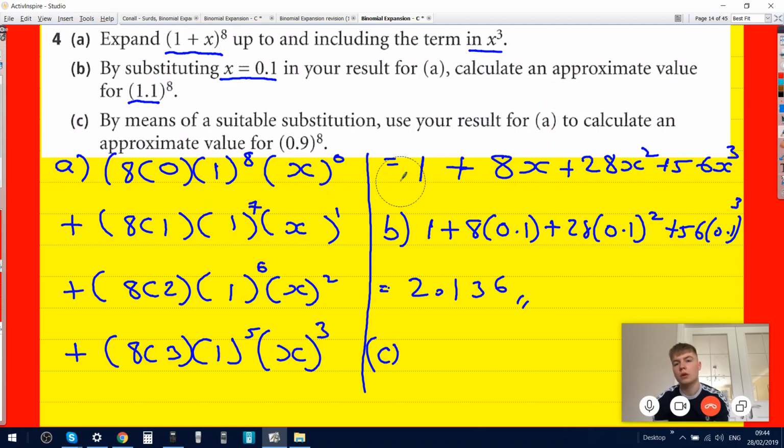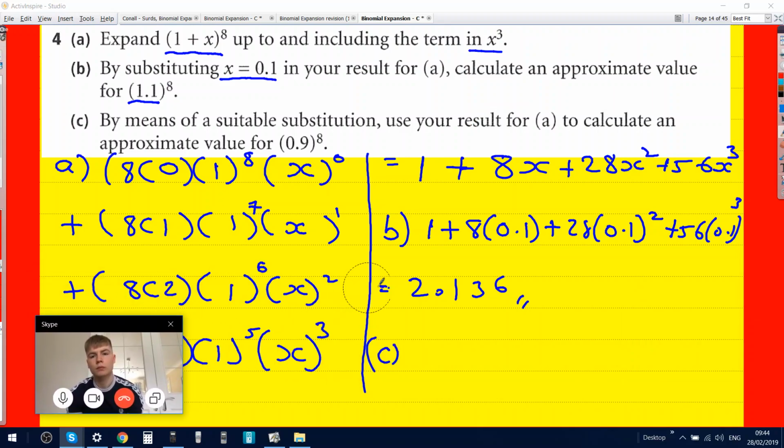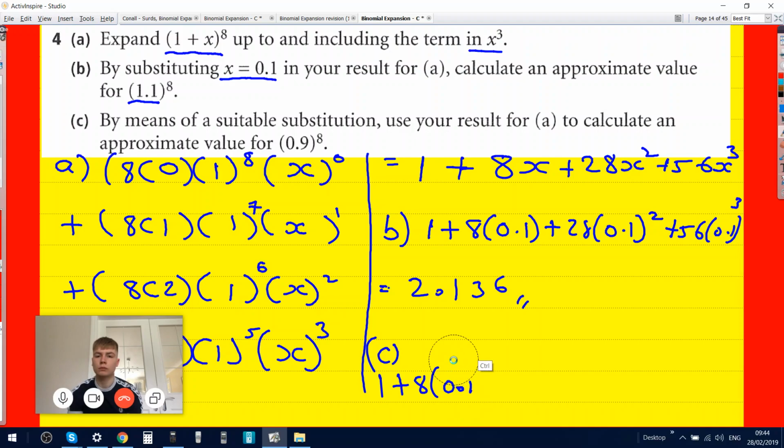You substitute minus 0.1 in. Well done. Yeah. So what do I write for the method mark? Wherever there's an x, just put minus 0.1 in a bracket. Yeah. Well, if I say minus 0.1. What about the squared?